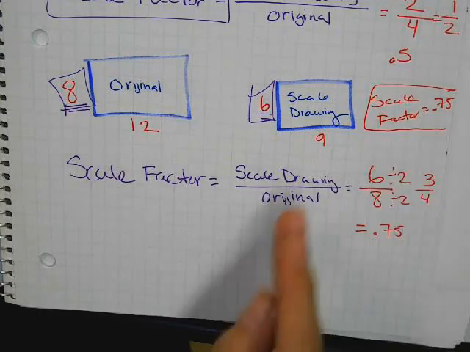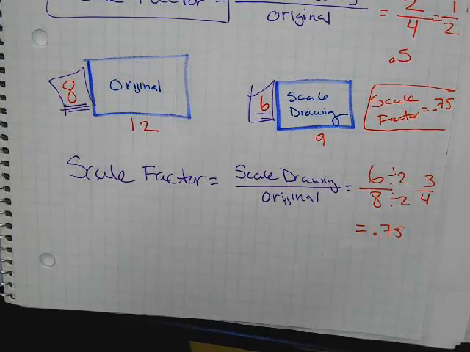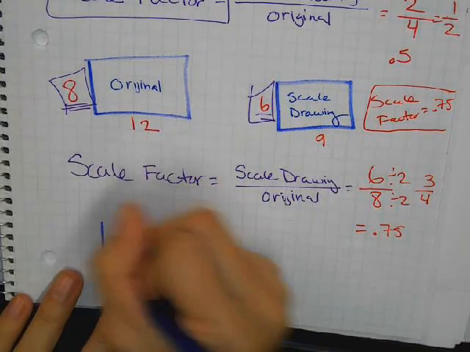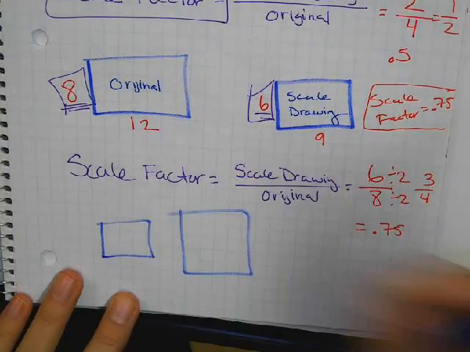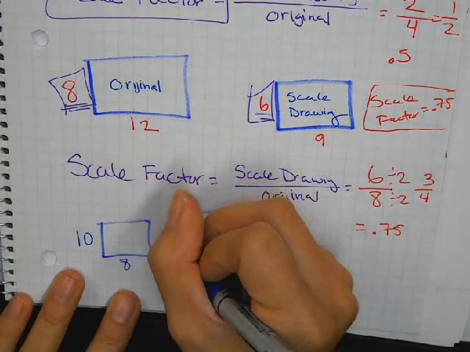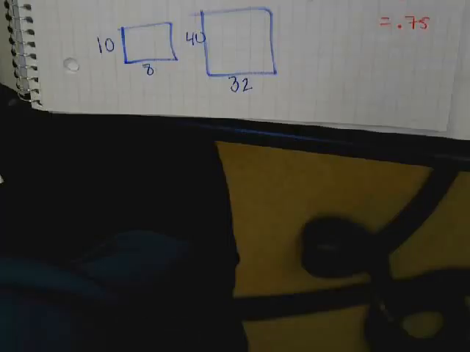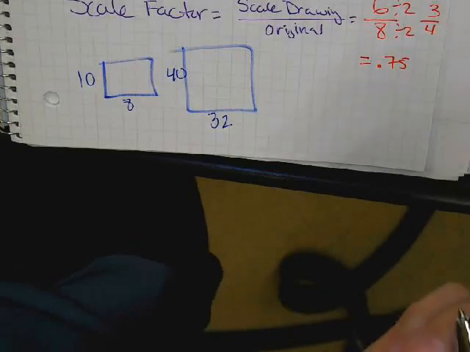How do we get to 0.75? We have to use this formula. You put the scale drawing on top over the original. Got it? Let me give you an easy one. What's the scale factor in this problem?